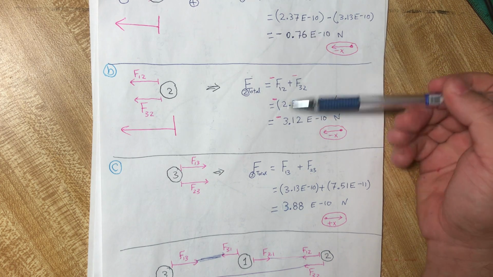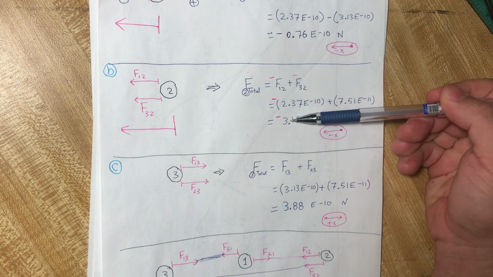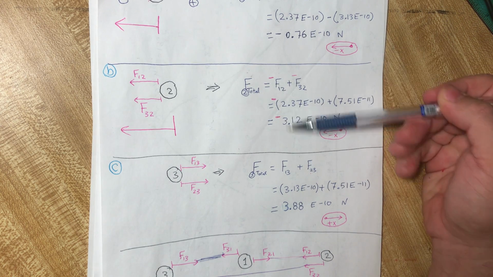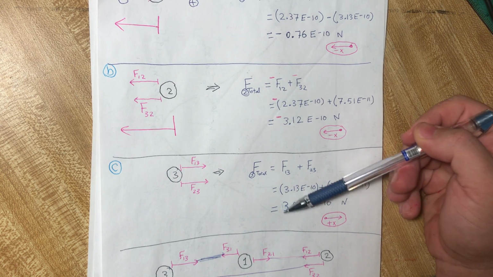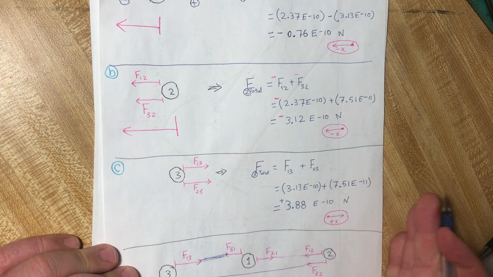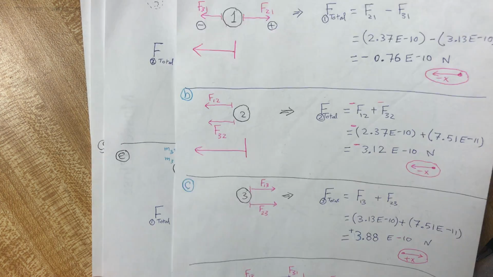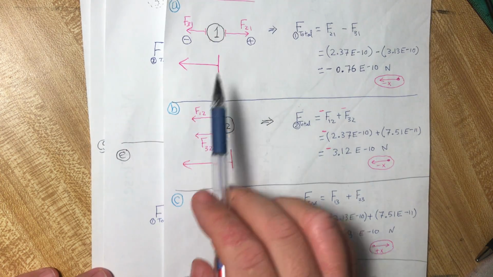Add them together in negative sign. 6 with 2, 8. 7 with 1, 8. 0 with 3, 3. In positive. So the total positive forces is equal to the total negative forces. In this case, we've solved A, B, and C.